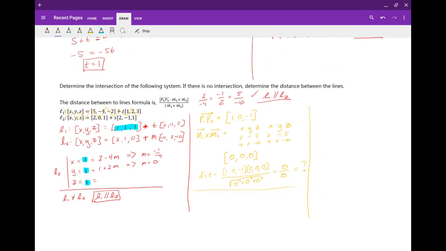So I'm going to explain how to do it, but I won't actually go through the math. By the way, if I went ahead and just plugged all this information in, I would get 0 over 0, and you'd be thinking, well, wait a minute, what is the distance?